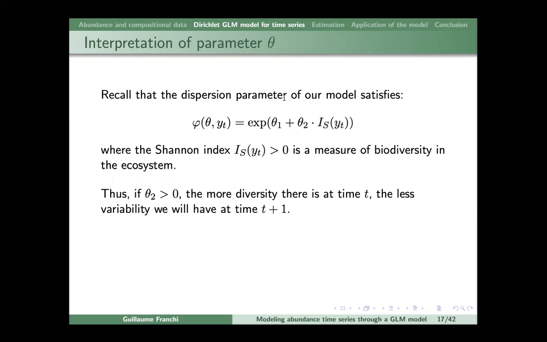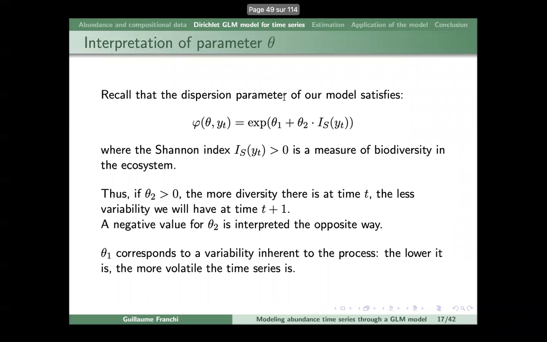So if theta2 is positive, the more biodiversity I have at time t, the more stable the ecosystem will be at the next step. It is the exact opposite interpretation if theta2 is negative: if I have a lot of biodiversity, my ecosystem is actually very unstable. In practice, I assume that theta2 is almost always positive, I think.